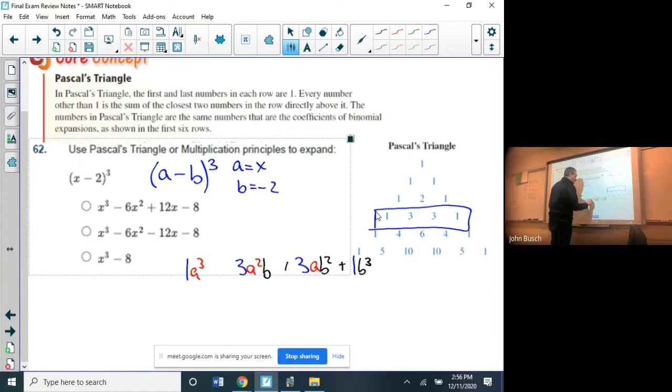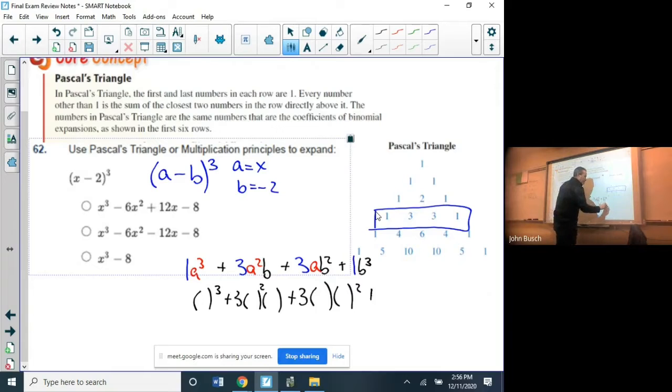And then we can plug x in for all the a's and negative 2 in for all the b's. I'll do that. x in for all the a's and negative 2 in for all the b's.